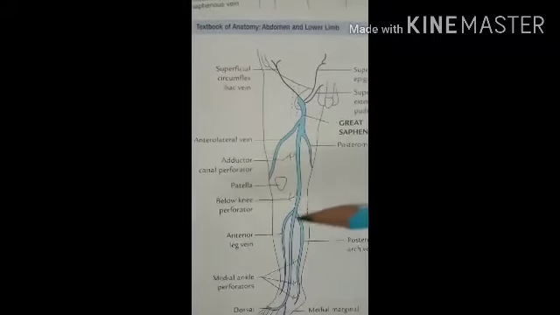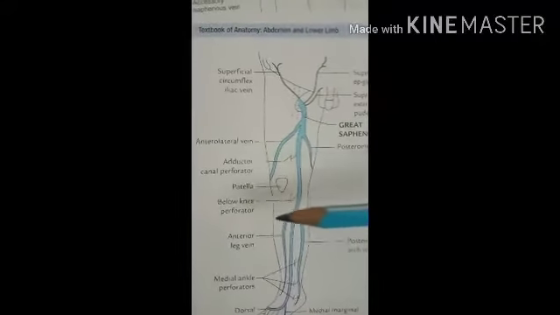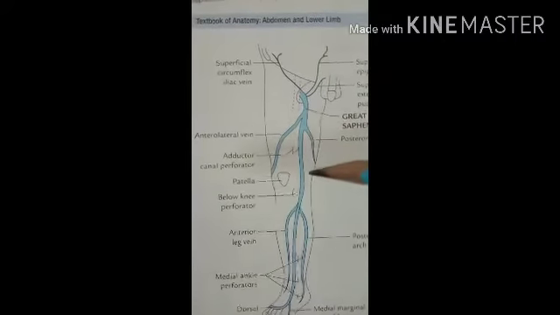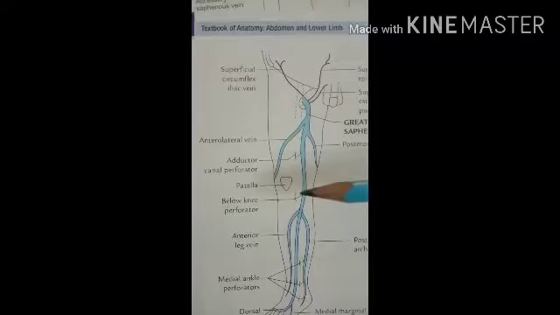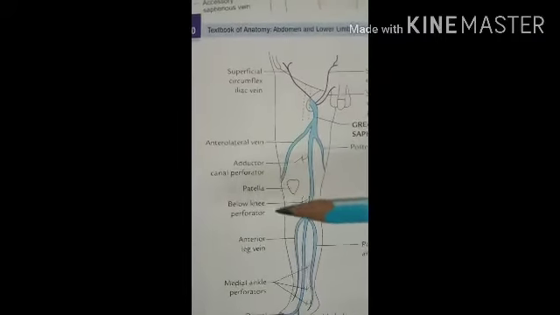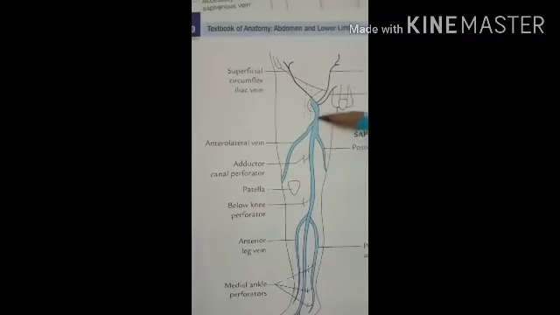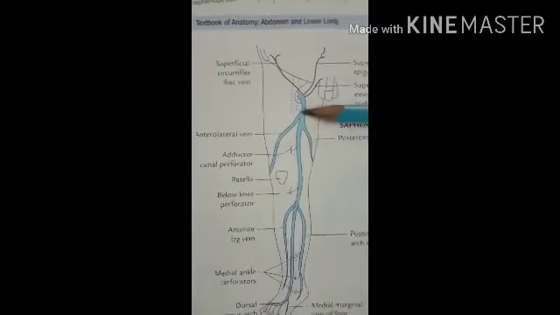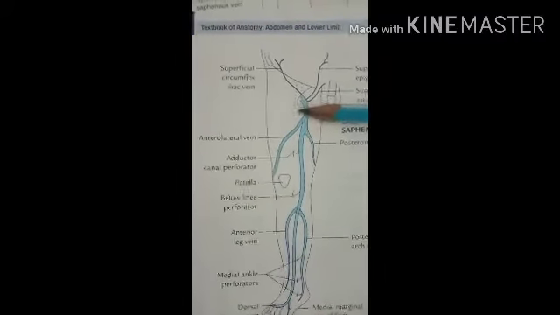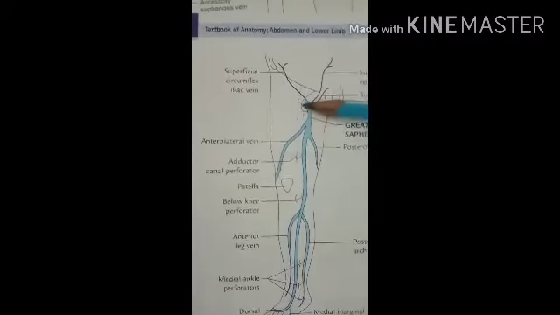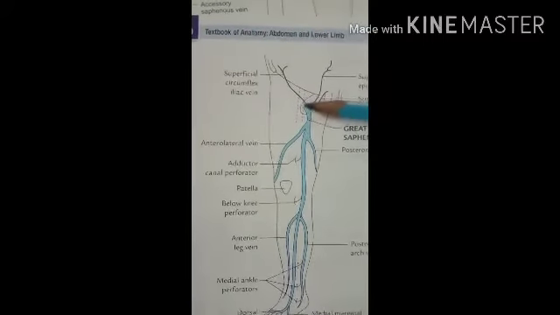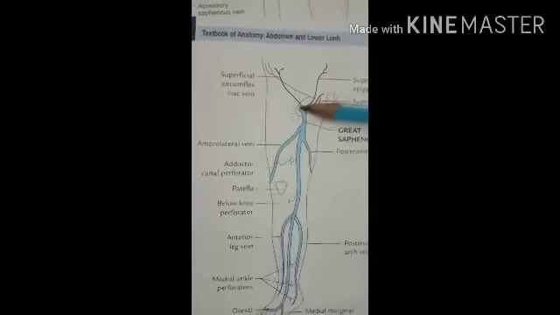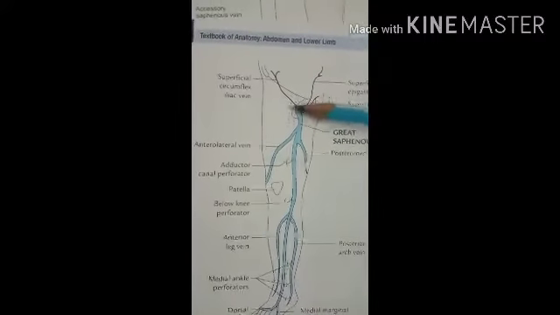Out of these, two valves play an important role. First is the valve which lies before it pierces the cribriform fascia, near about in this region. Okay, and the second one lies at its junction with the femoral vein here, that means the saphenofemoral valve, where the great saphenous vein enters into the femoral vein.